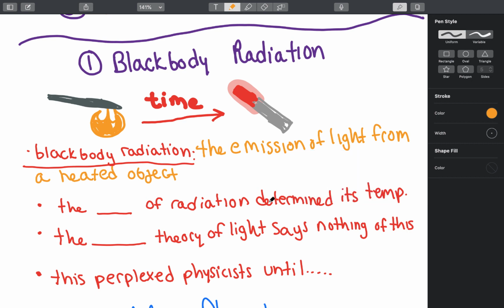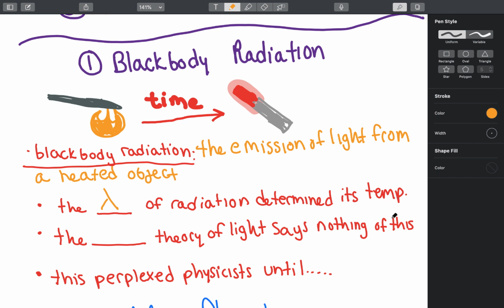So for example, a red light may be cooler than a white light, or a certain type of light may be hotter than another type of light. So basically, the physicists noticed that different types of light emit different temperatures. Some wavelengths of light are at different temperatures from other wavelengths of light. So physicists noticed that the wavelength of radiation determined its temperature.